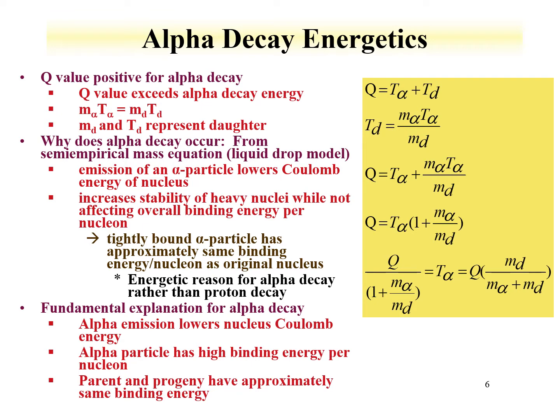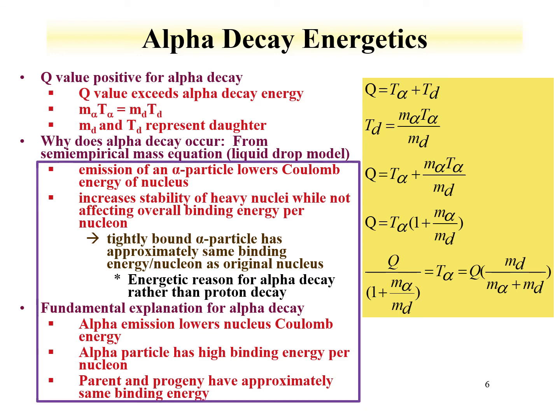From the semi-empirical mass equation, we know that emission of an alpha particle lowers the Coulomb energy of a nucleus. This increases the stability of heavy nuclei while not affecting the overall binding energy per nucleon. From the binding energy curve, we see that the alpha particle is tightly bound and has a very high binding energy per nucleon, similar to the nuclei in the region of alpha decay.